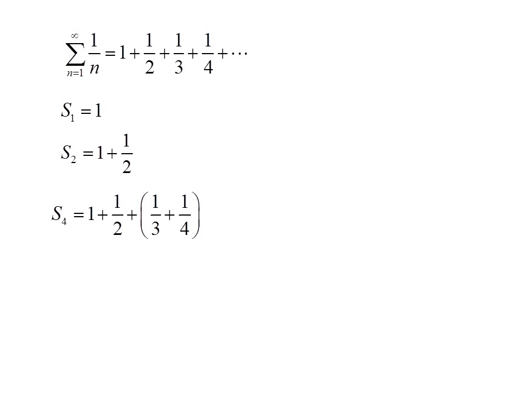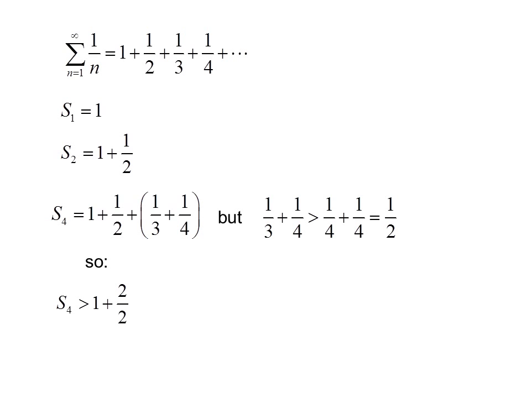And notice we've grouped the last two terms together. And 1/3 plus 1/4 is greater than 1/4 plus 1/4, or 1/2. So S4 must be greater than 1 plus 2/2.